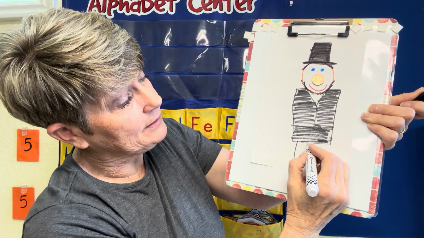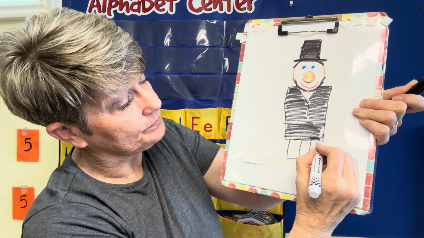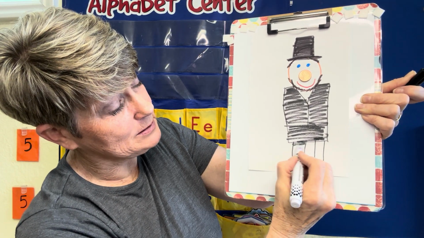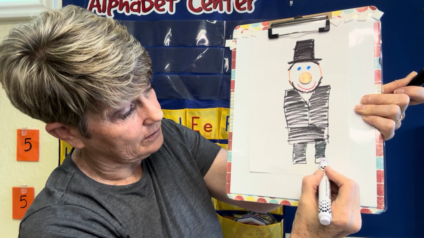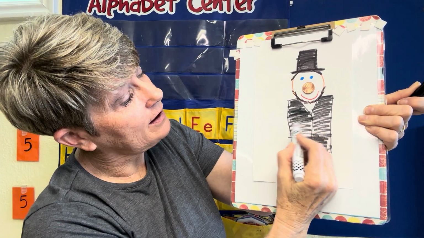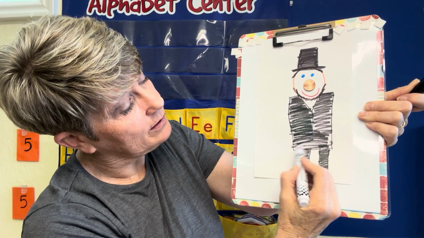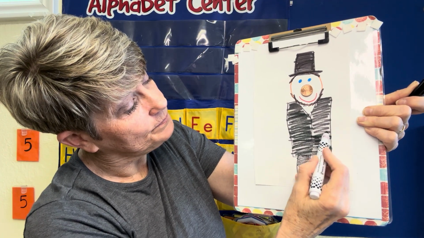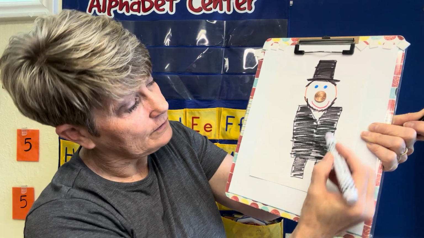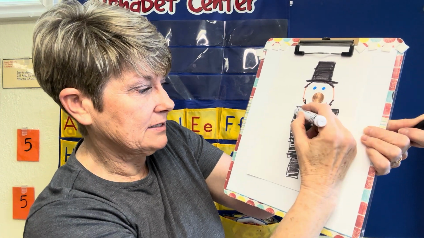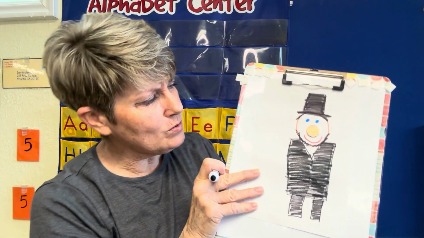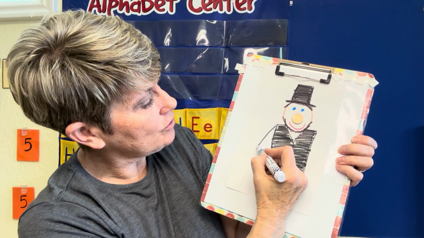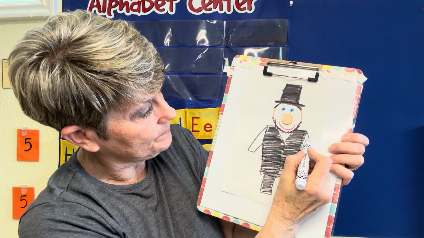And then he had black pants. So I'm going to color his pants black too. You know what? I'm going to color this a little bit more. Sometimes it takes a long time to... No, what's he missing? Oh, some arms. We better draw him some arms.